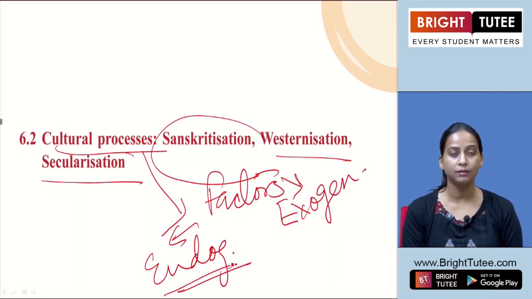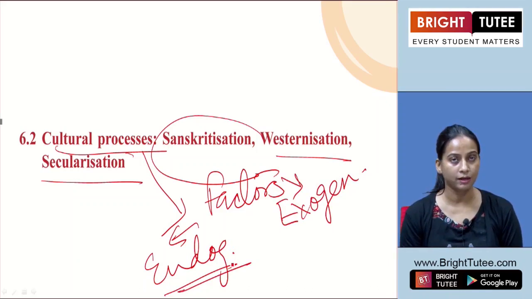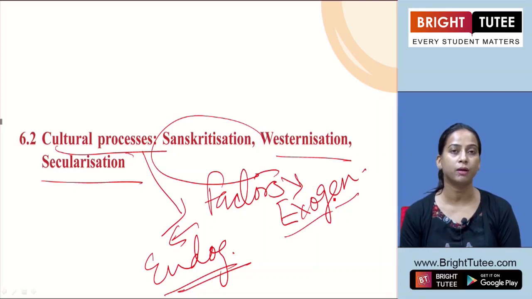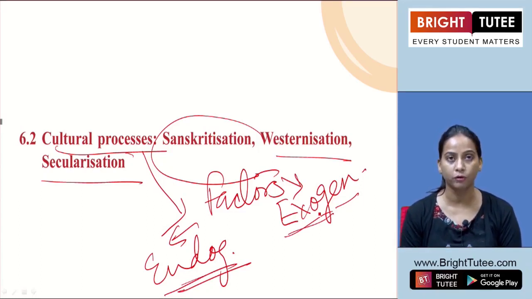Endogenous factors have their origin within the society itself, bringing social change in our society. Exogenous factors come from outside, and these factors from the outside are bringing change within the society. So these two factors play a very important role in these cultural processes.